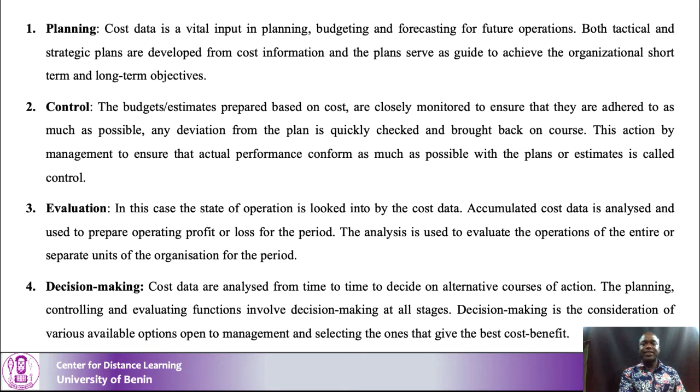Both tactical and strategic plans are developed from cost information, and the plan serves as a guide to achieve the organization's short and long-term objectives. Control: budget estimates are prepared based on cost, which is usually checked against actuals to see if what was planned for is being achieved or not.